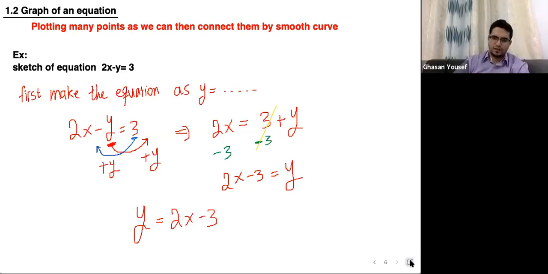So I'm moving to the next slide. So again, my equation, y equals 2x minus 3. I should make a table.